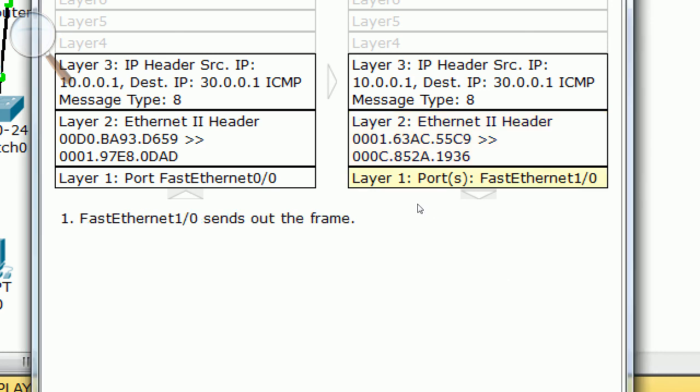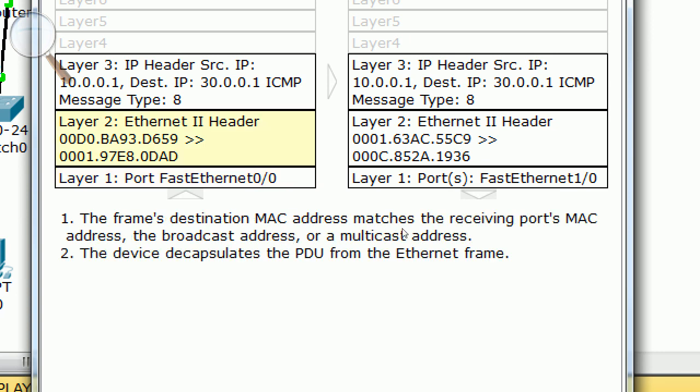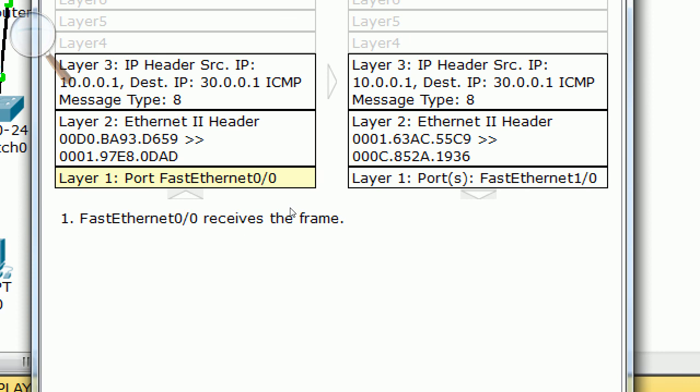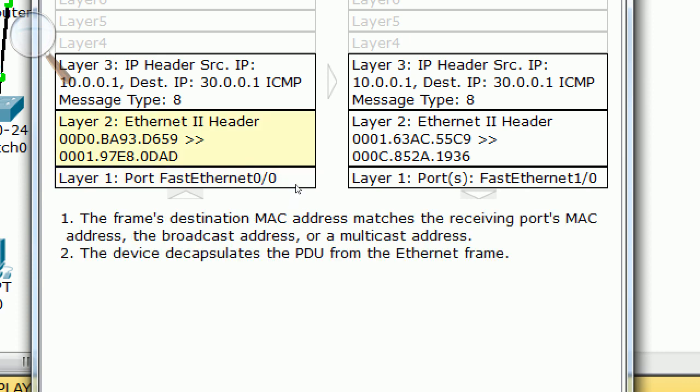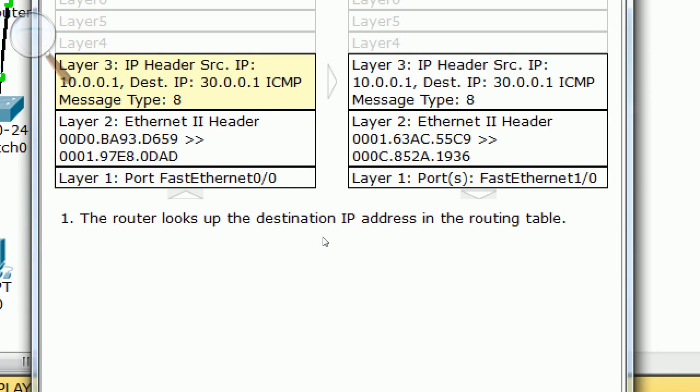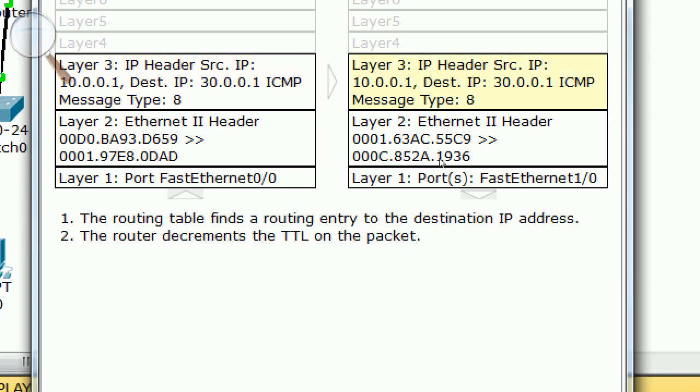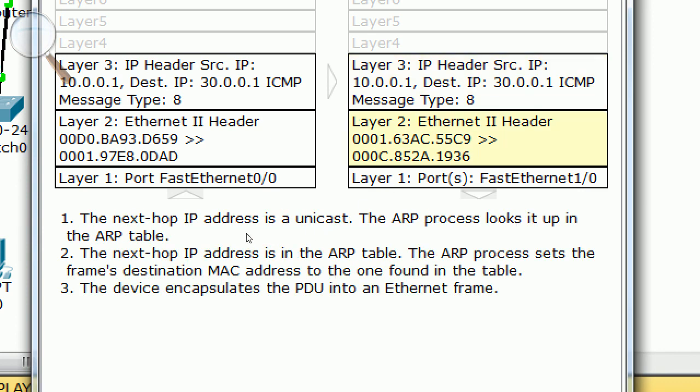See now, on this interface packet was received. After that, check करो flow को, जो हमने discuss किया था वही है या नहीं. Please check the flow. Router will receive the traffic on this interface. After that, router will check the destination MAC address, then destination IP address in the routing table. Now, the routing table finds, the router decrements the TTL. Now, the router will try to find MAC address for next hop in the ARP table to set it in the data that we are sending.